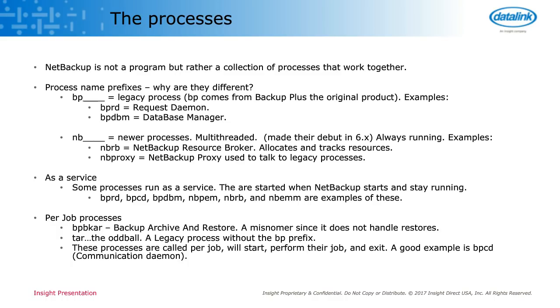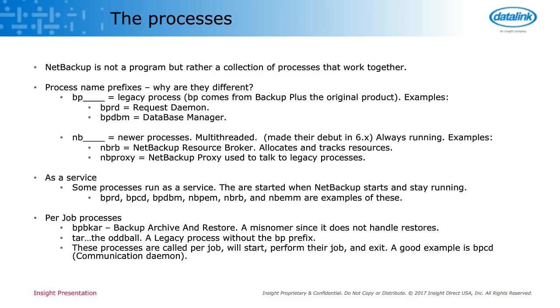The second group of processes we have are per job processes. BPVCAR, the backup, archive, and restore, sort of a misnomer there. It doesn't actually do restores, but this is an example of a per job process. This process will only launch when a job is running for a backup, and it ends when the job ends. There's one notable exception to this naming convention, that is the TAR process.